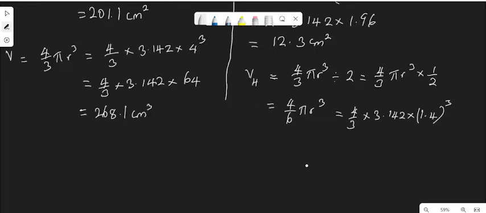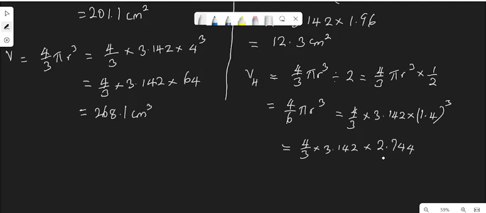And 1.4 cubed means 1.4 times 1.4 times 1.4. So let's do that. That gives me 2.744. I have 4 over 3 times 3.142 times 2.744.